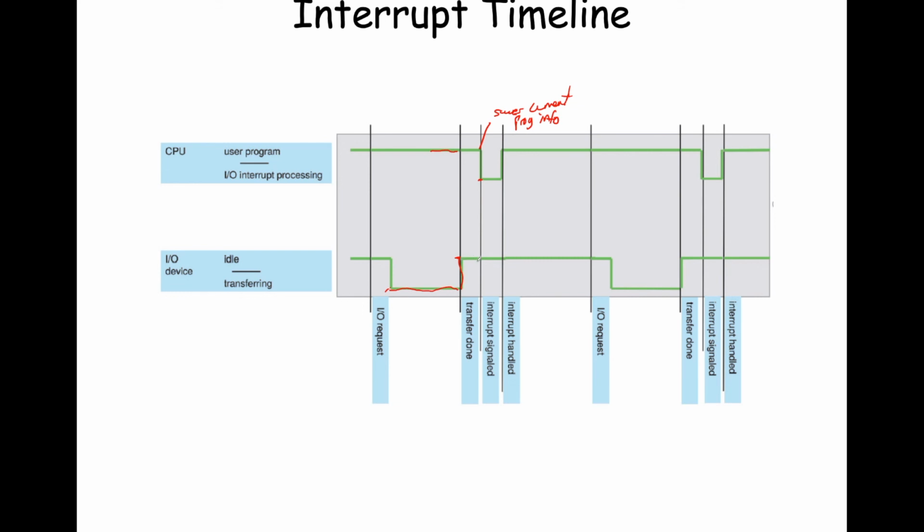Once that buffer is full on the I/O device, the device controller triggers an interrupt. It's telling the CPU, hey, there is data waiting for you. You need to stop what you're doing and transfer this to RAM. So this interrupt is signaled at this point in time.